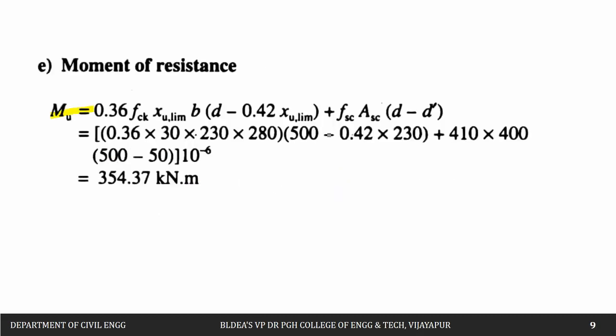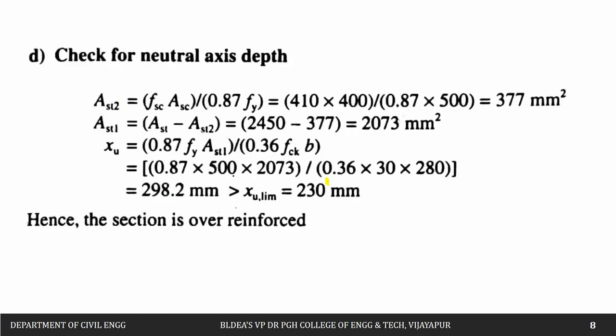The next is we will calculate the moment resisting capacity of the section, that is 0.36 fck into XU-lim into b into d minus 0.42 XU-lim, plus FSC into ASC into d minus d dash. Here 0.36, fck is 30, and XU-lim is used as 230, which is the limiting depth.